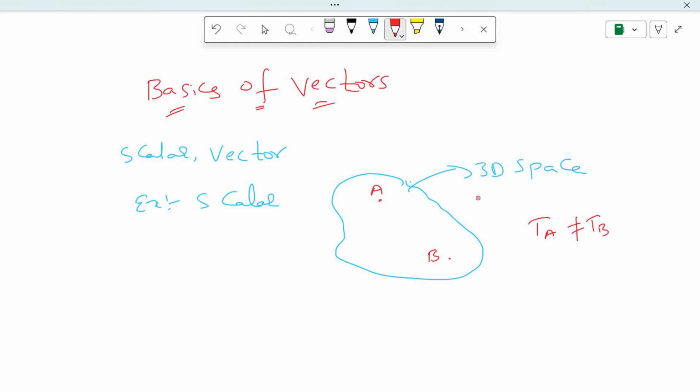Now, if we measure TA at t equal to 0, and then after some time, suppose at 10 seconds, it varies. So the scalars just keep on varying.